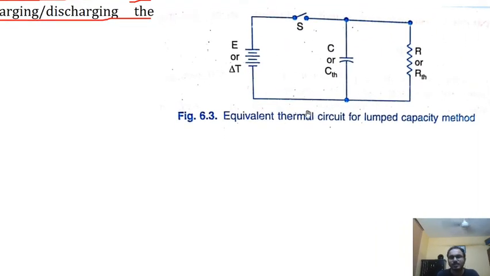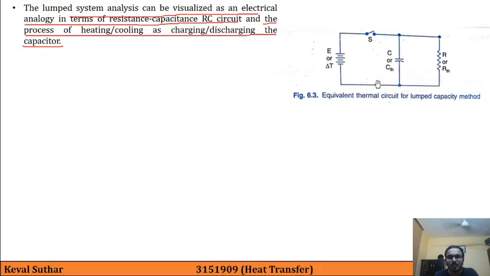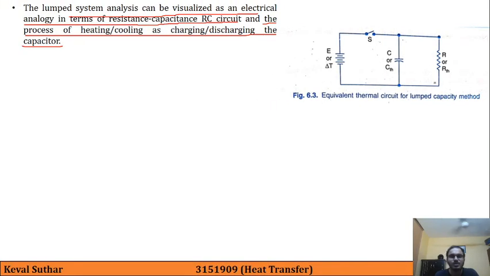Here in this electrical circuit, we have a battery, and a switch is provided, which controls the flow of electrons or current. Here we have provided a capacitor, and here we have a resistance. So we will try to draw an analogy of this circuit with our lumped system.